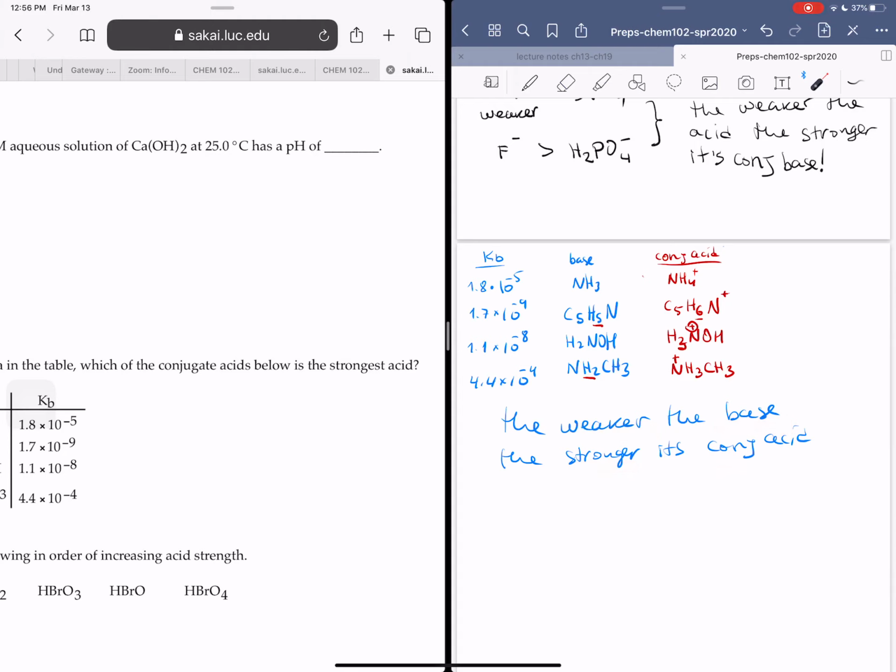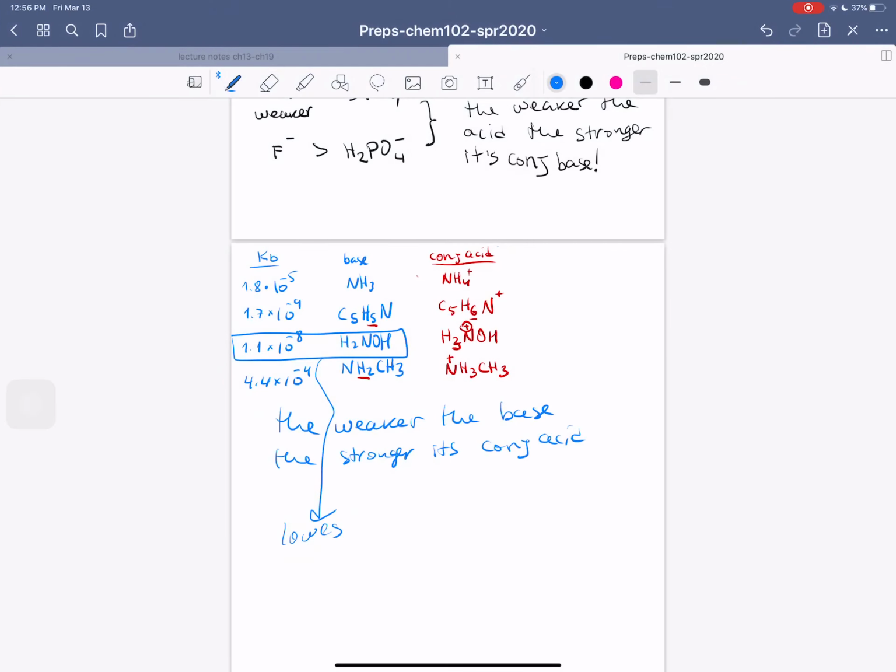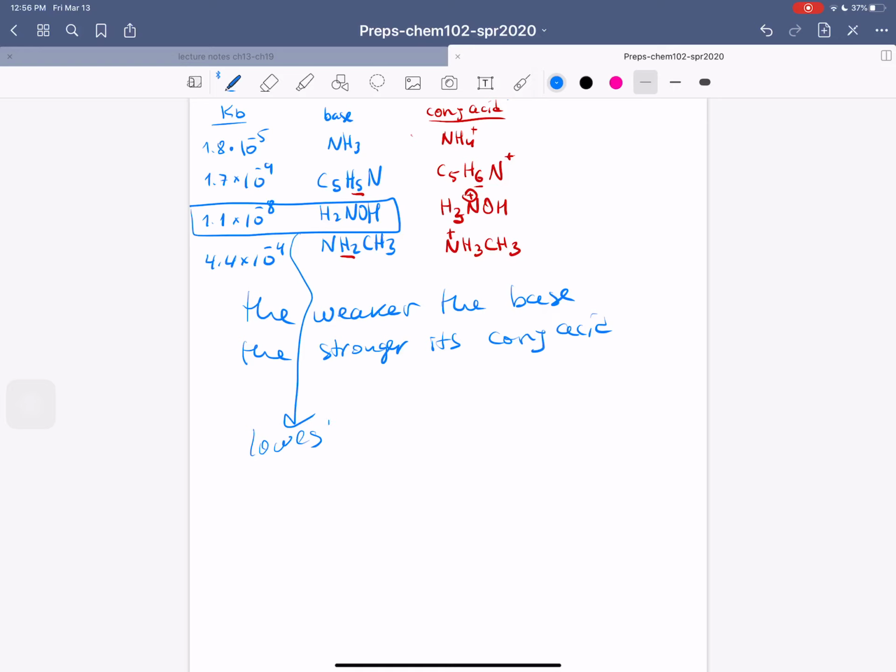To find the weakest base, we compare these values and find the lowest value out of these four. The lowest value is for this specific base, so this base has the lowest Kb.